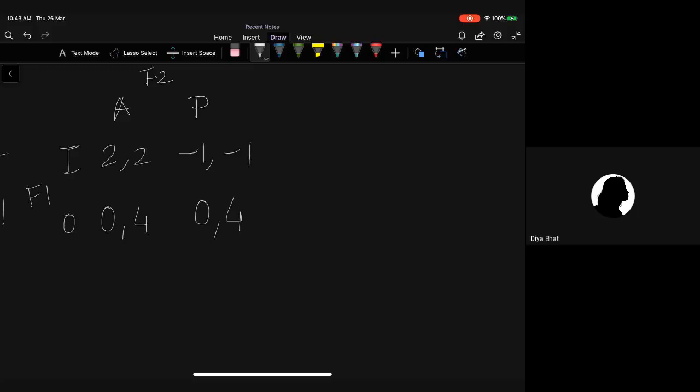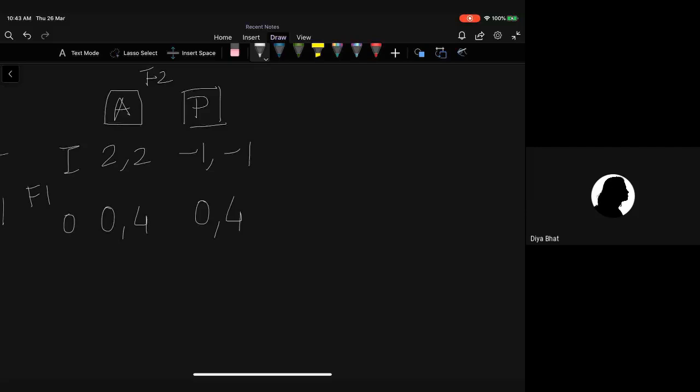So here A means the strategy that firm 2 will choose in case firm 1 enters is accommodate, and P means the strategy that firm 2 will go for a price war with firm 1 in case firm 1 enters, right? So it's a plan of action.